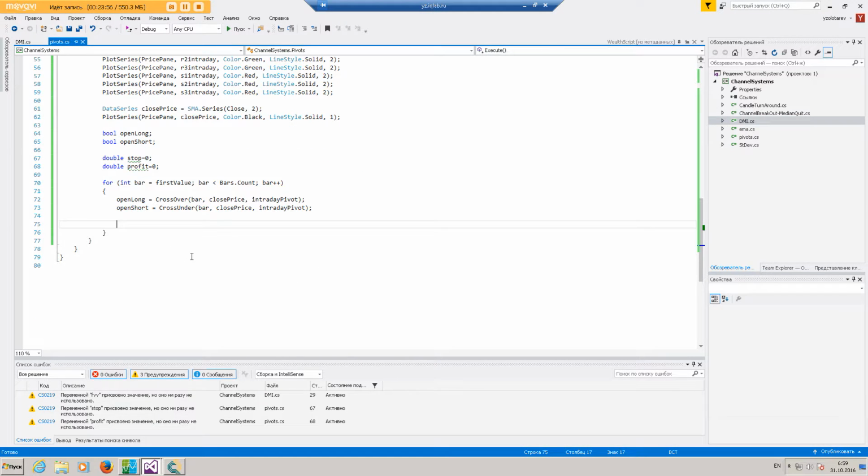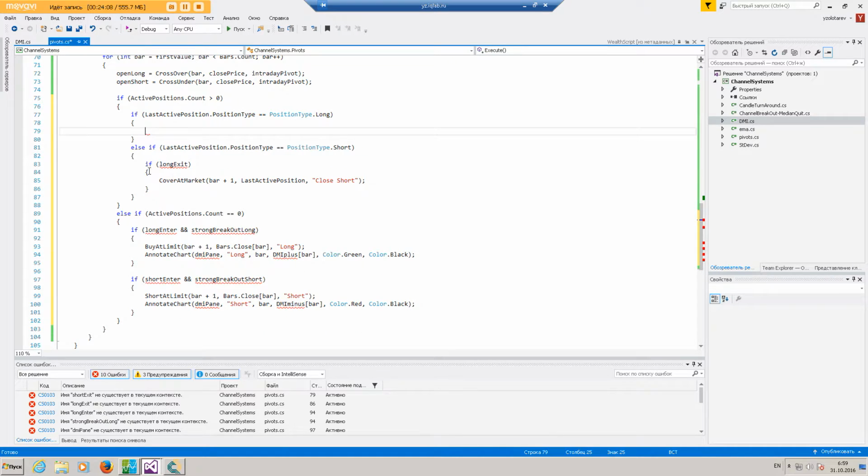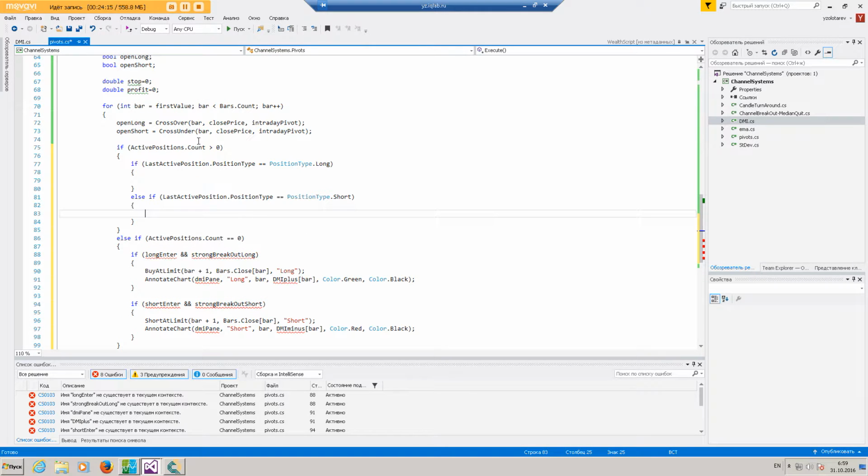I'm just copying it. See, it's all the same for us. So if I have active positions, if I have a long position or if I have a short position, and if I don't have any position, what am I gonna do when I get a signal, right?